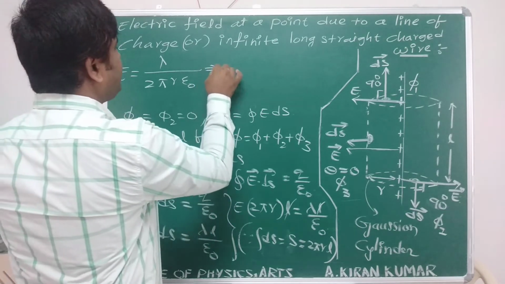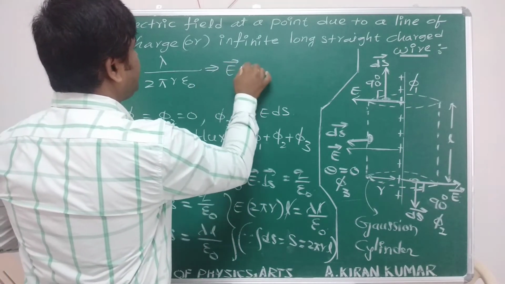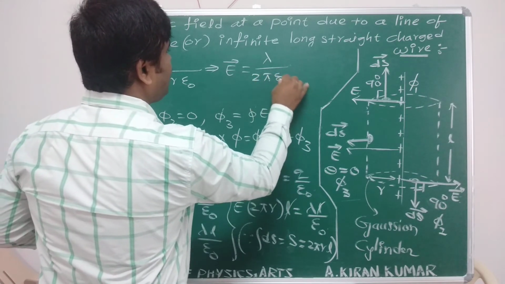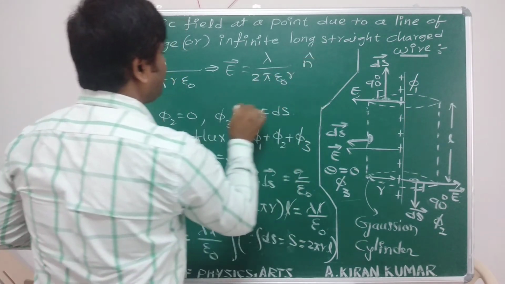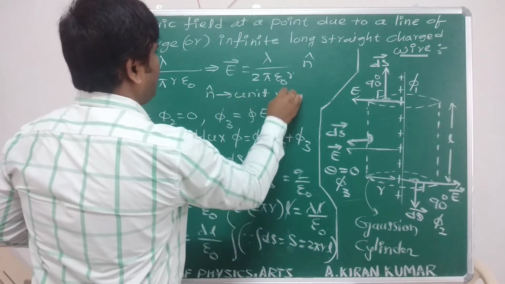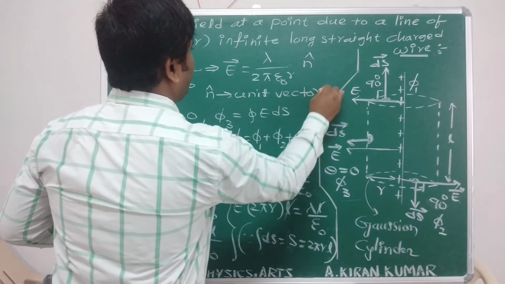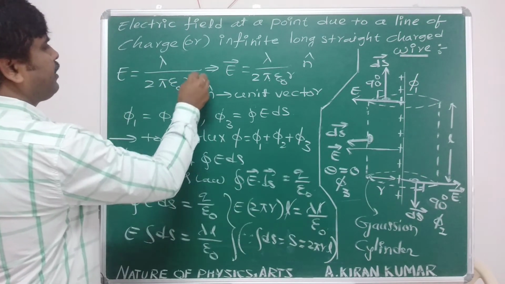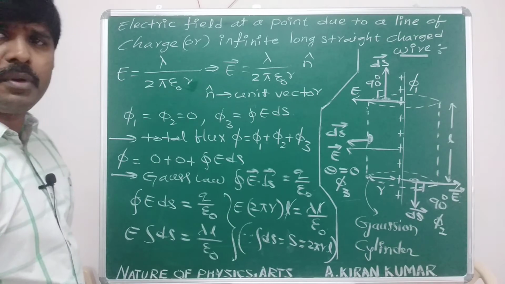So we can write E bar equal to lambda divided by 2 pi epsilon naught r into n cap, where n cap is a unit vector. Or we can write it like this also, epsilon naught into r. Anyhow, the result is the same.